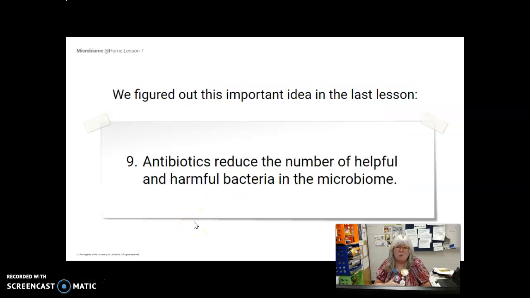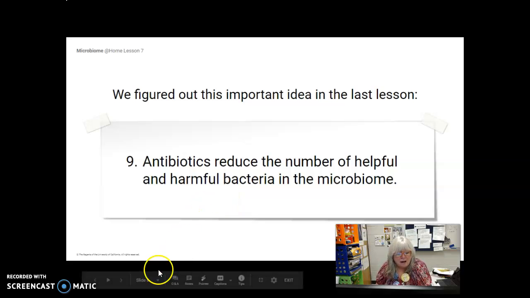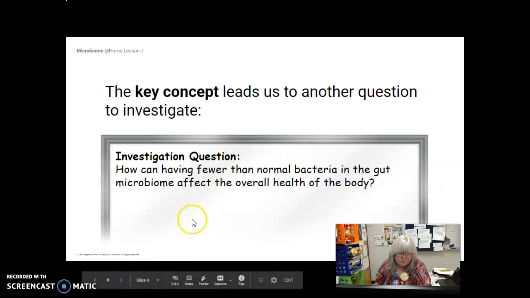So let's think about what we learned in lesson 2.3 and also the relevant and irrelevant activity that we did together. What we discovered is that antibiotics reduce the number of helpful and harmful bacteria that we have in the microbiome.